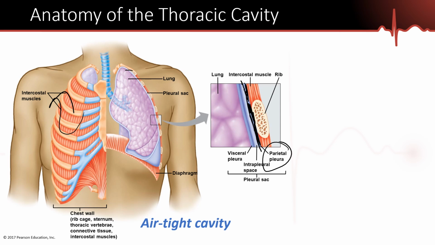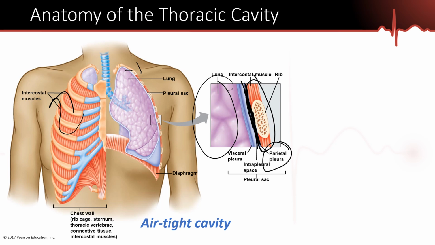The portion of the pleural membrane that does not make direct contact with the lung itself, and instead adheres to the inside of the chest wall. Well, what's the chest wall doing right now?